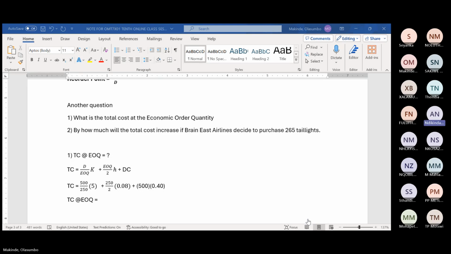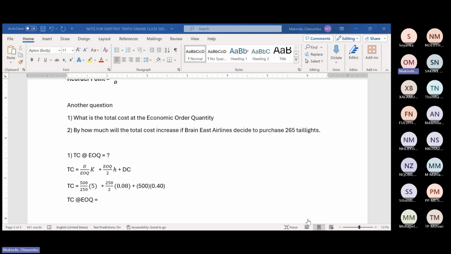So to say, why include DC at all if it doesn't have much impact on this formula? Yeah, we can. I would just want us to leave it. Maybe in the test, I can tell you otherwise. If you are looking at it in terms of sensitivity analysis, you might remove it. But here, when you are working TC at EOQ, you want to factor in all the cost.